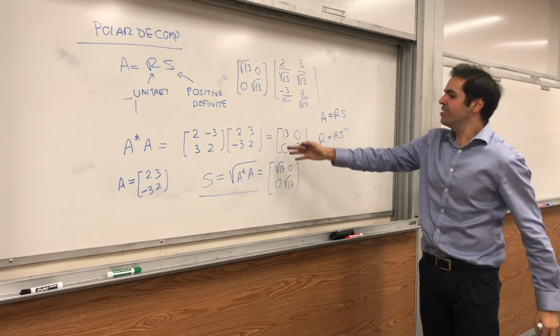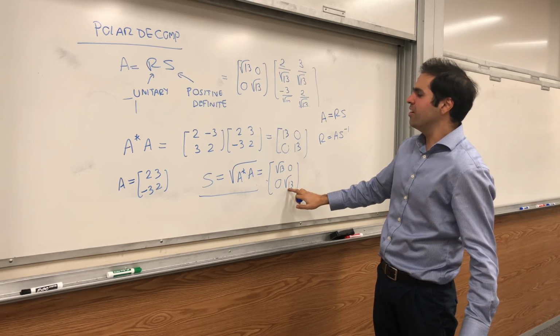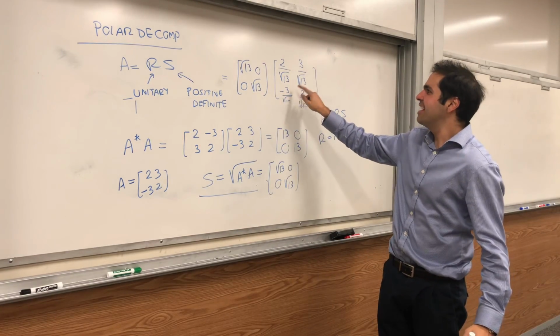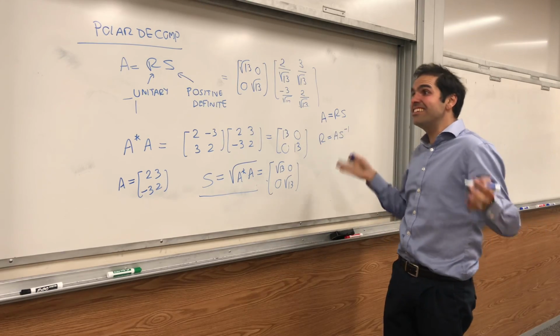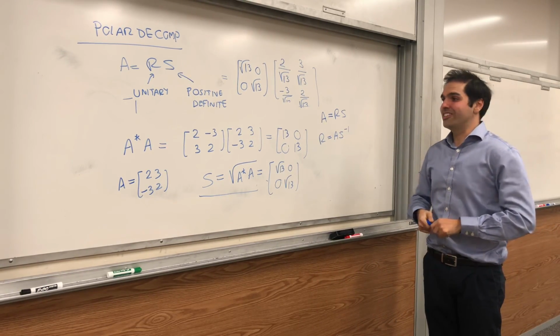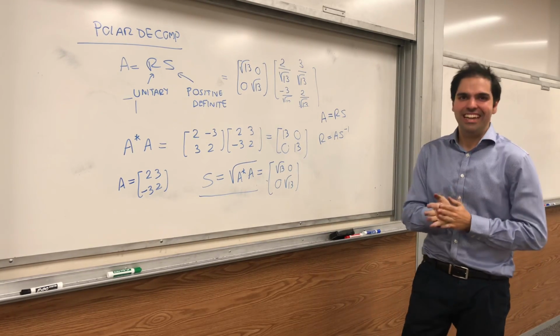And indeed, that's what you get. S inverse is 1 over square root of 13 and 1 over square root of 13, and if you multiply this by A, you indeed get this matrix. But the question is then, is it unitary? That's another very difficult question, but I just want to say it is true in general, and it's kind of nice.